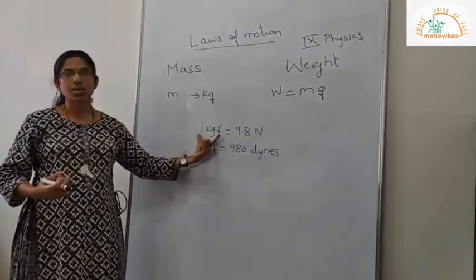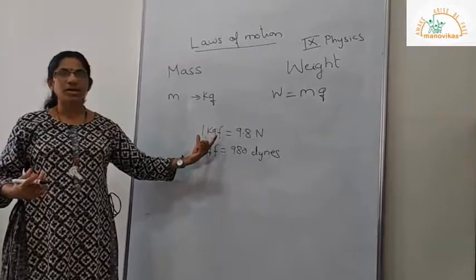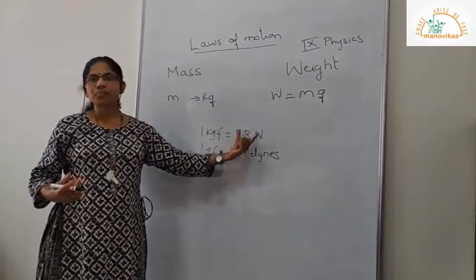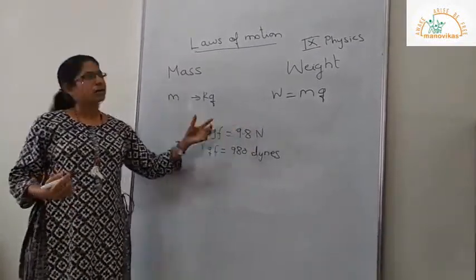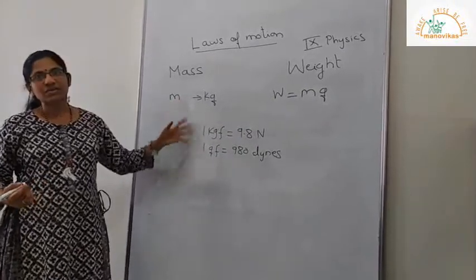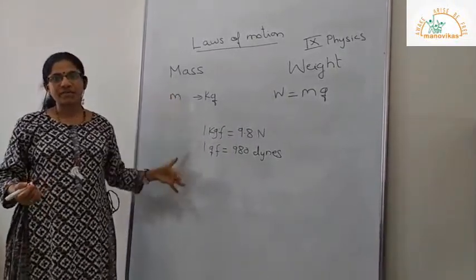So that is 1 kilogram of force, which is in fact 9.8 newtons. Right? I think with this we are finishing this part, that is gravitation.